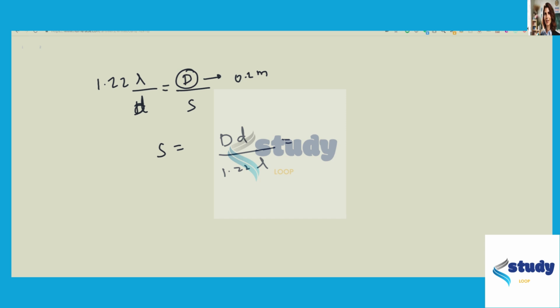Here d is the diameter of the telescope, that's 2.4 meters, and capital D is the resolution, which is 0.2 meters, the size of a license plate, times the diameter of the telescope, 2.4, divided by 1.22.